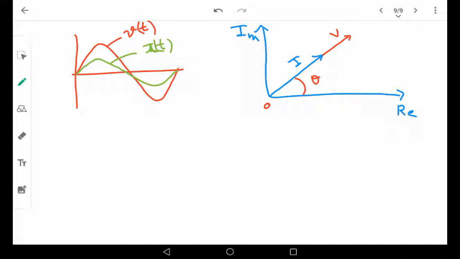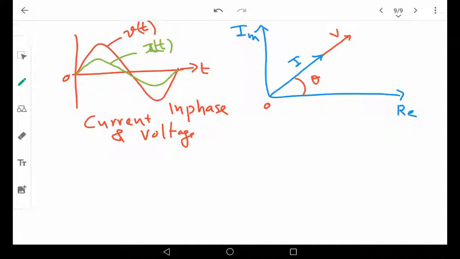Understand? Current and voltage in phase, right? Both have the same phase. This is 0, this is T, right? So this is the phasor diagram for a resistor. Okay. So that's how you will find out the phasor diagram for a resistor.